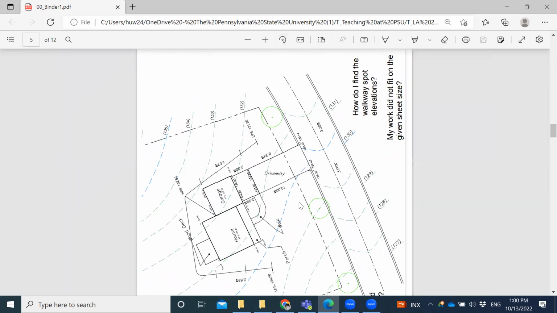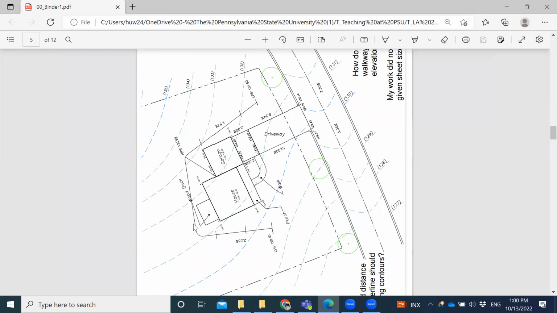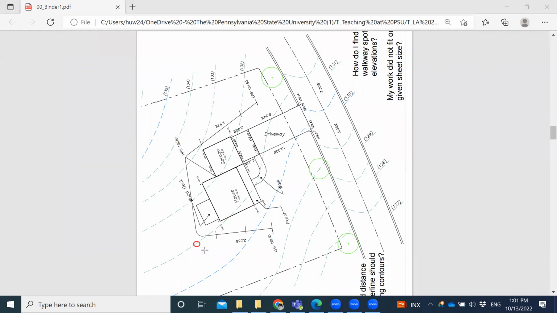Yes, here, we have our HPS. We have the LPS, which can be shifted over here. I would say that's getting too close to the building. Okay, that's what I can see at this scale, and then I'll zoom in.